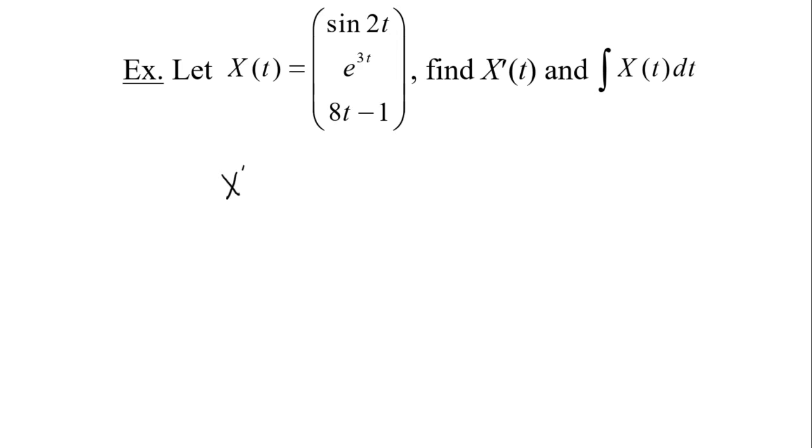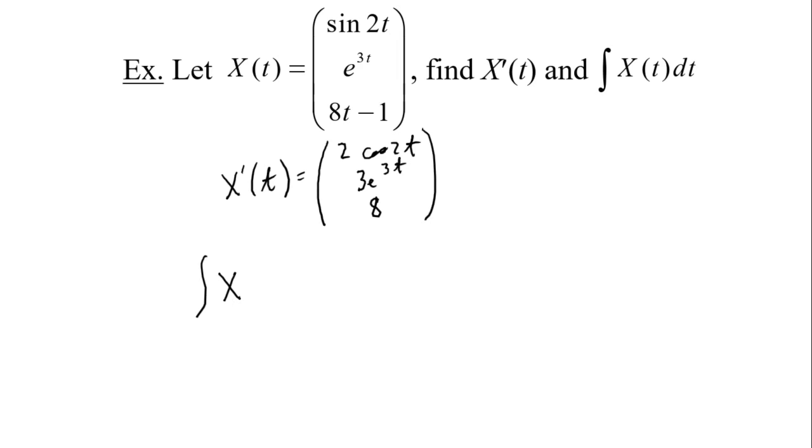we could find x prime of t just by taking the derivative of each component. So it'd be 2 cosine 2t, 3e to the 3t, and 8. There's all my derivatives. We can also talk about the integral as just integrating each component.